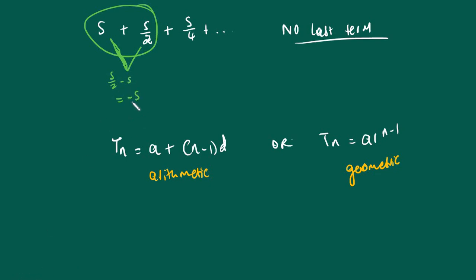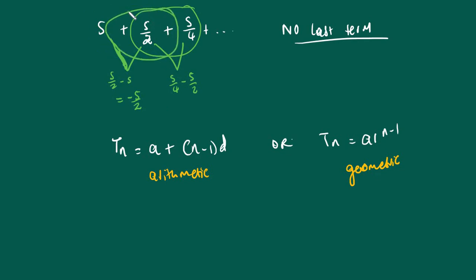So it's negative 5 over 2. Thank you so much. And then here, 5 over 4 minus 5 over 2. This one is negative 5 over 4.